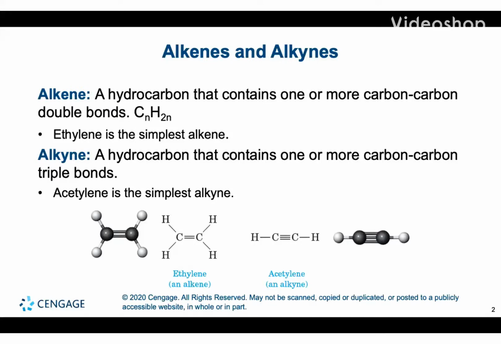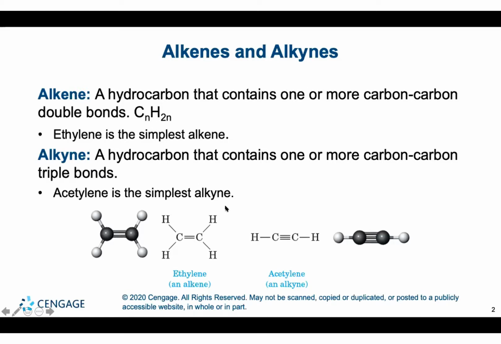Let's start with alkenes. Alkenes have a molecular formula of CnH2n, which means that for every one carbon we have two times as many hydrogens.